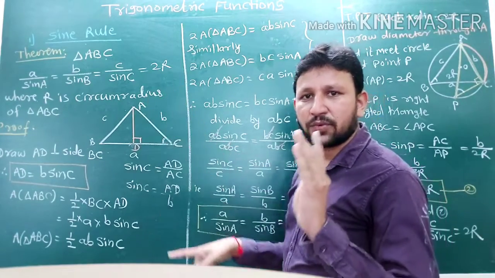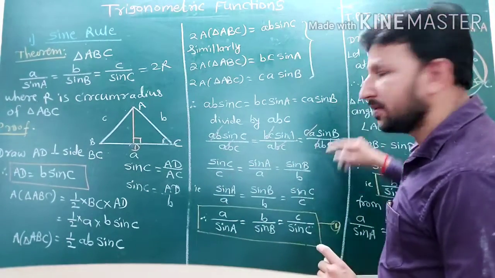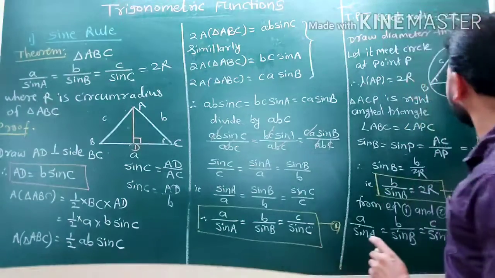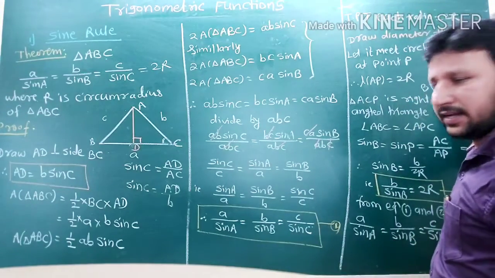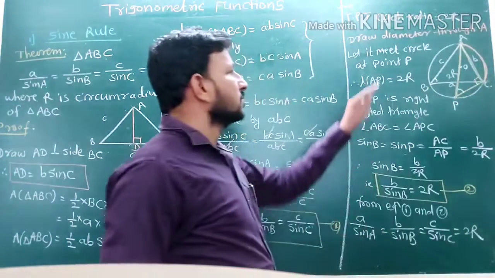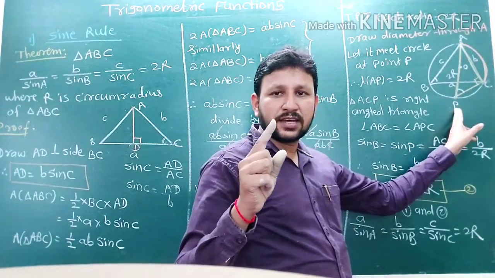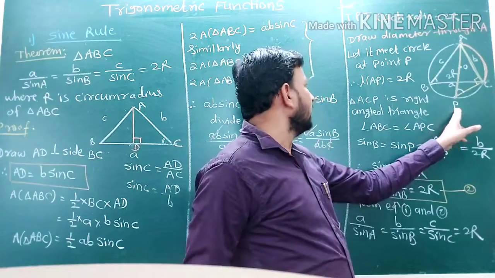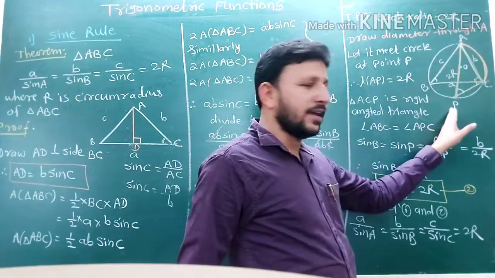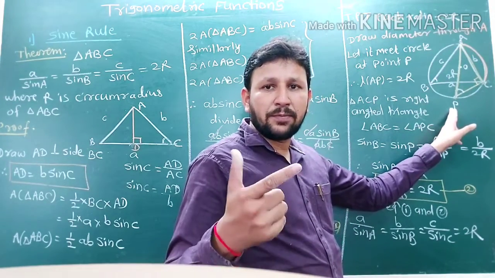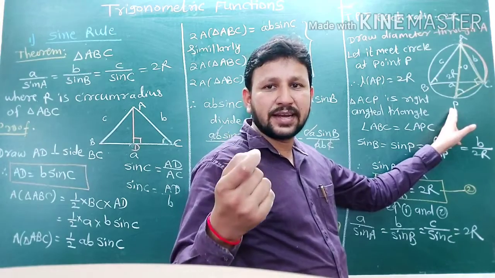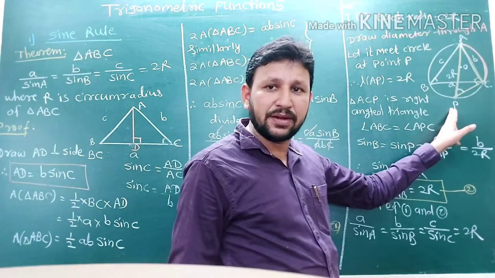So we take a circle that will be around the triangle ABC. Then for that circle, one more point is taken on the circle as a point P. Join that point P with the vertex A. Length of AP becomes 2 times the radius of the circle because it is the diameter.